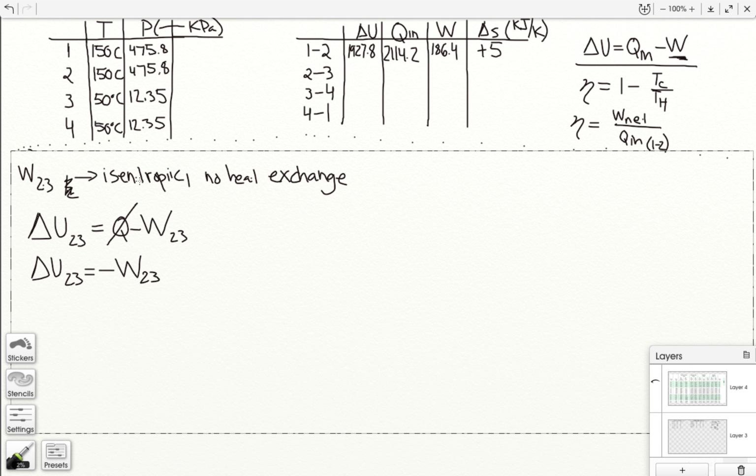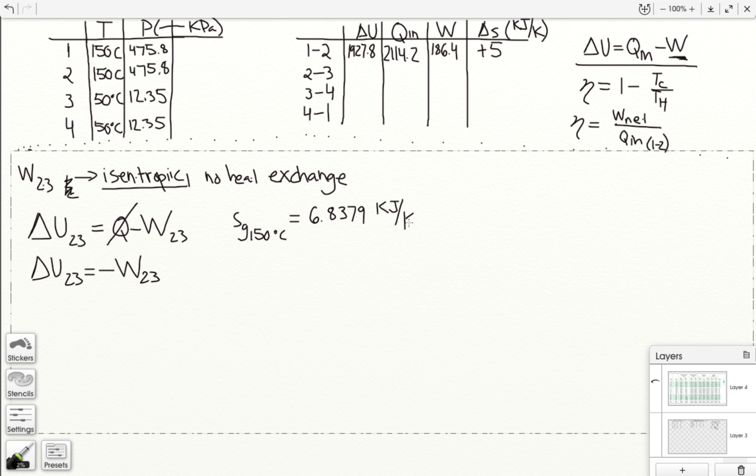So since this is an isentropic process, the entropy at state 3 will have the same entropy at state 2. So if we look in our table, Sg, so at state 2 it is all vapor at 150 degrees Celsius, and that is equal to 6.8379 kilojoules per Kelvin. And so the entropy at state 3 has to have the same entropy.